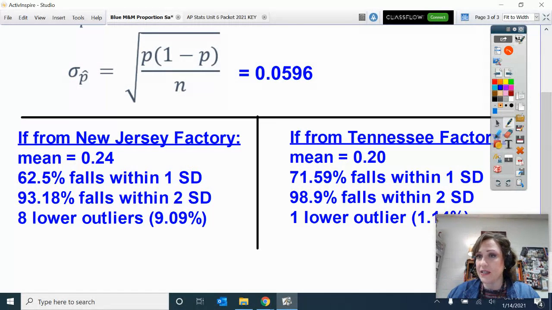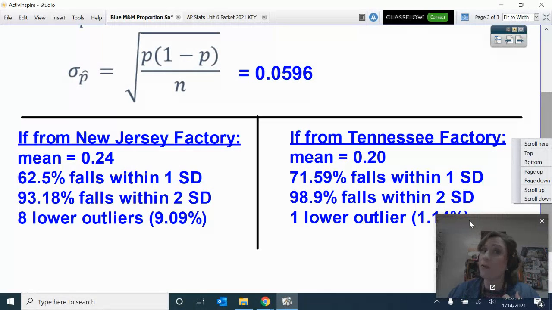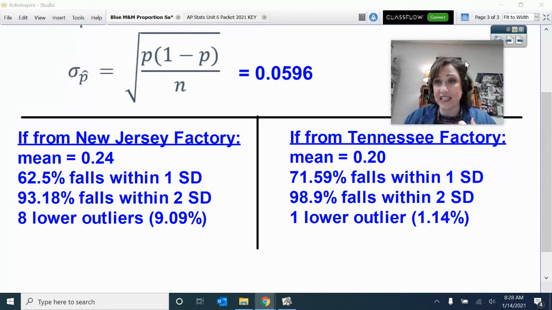Well, let's take a look at this. If our data had come from the Tennessee factory, then that would place the mean at 20%. And here we have 71.59% falling within one standard deviation and 98.9% within two. So we even had a little bit more than what the normal model represents. We did have one lower outlier still, so that was just 1%.